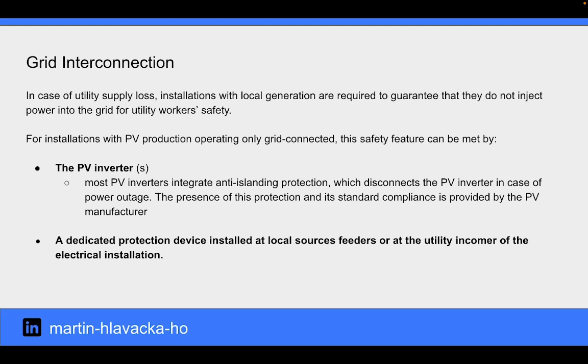Most PV inverters integrate anti-islanding protection, which disconnects the PV inverter in case of power outage. The presence of this protection and its standard compliance is provided by the PV manufacturer. Or a dedicated protection device can be installed at local sources feeders or at the utility incomer of the electrical installation.